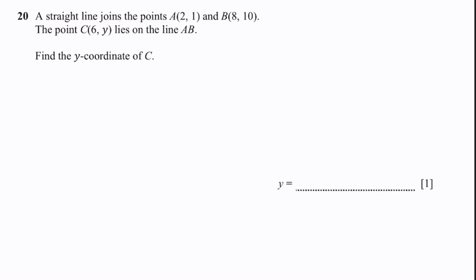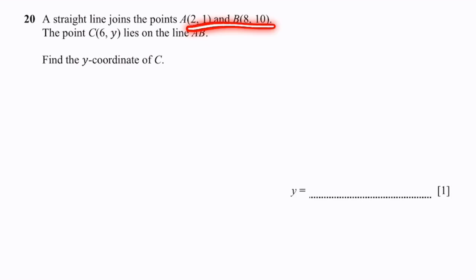Let's go to question 20. A straight line joins the points A (2, 1) and B (8, 10). And the point C (6, y) lies on the line AB. Find the y coordinate of C. So first we can use these points to find the gradient and y-intercept.